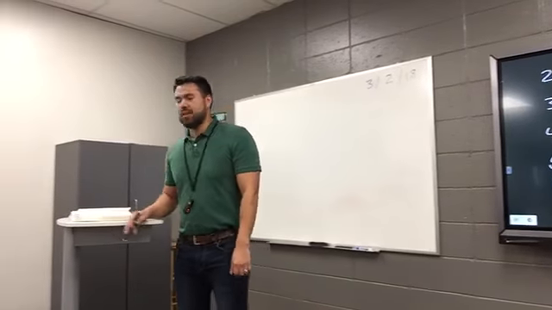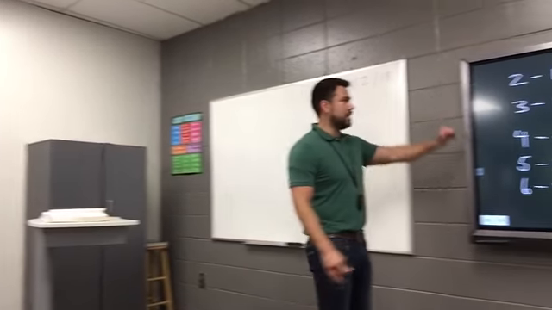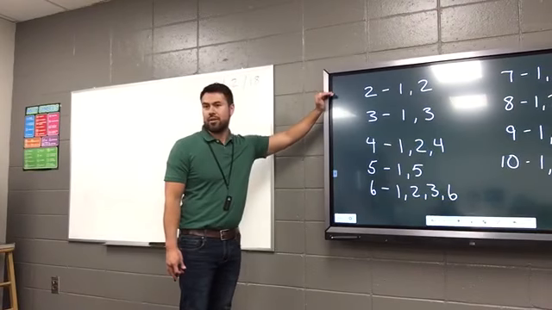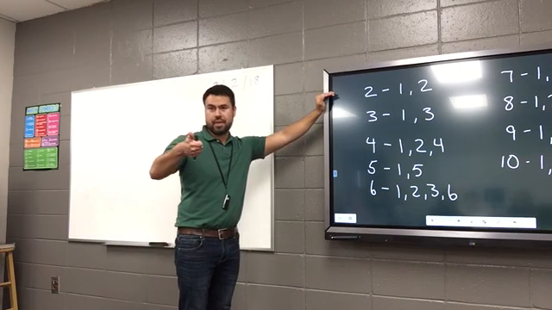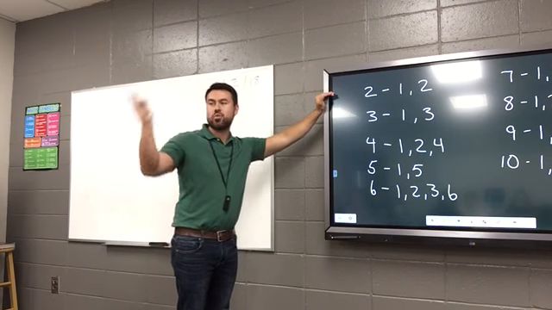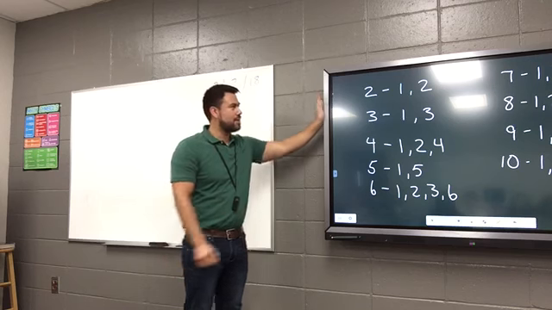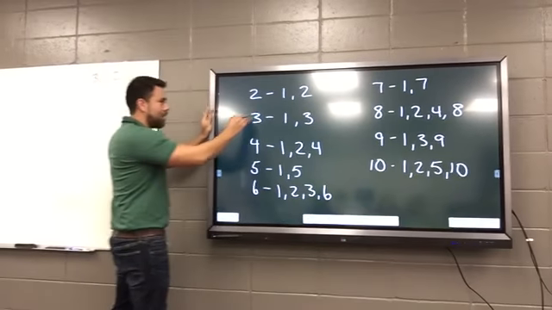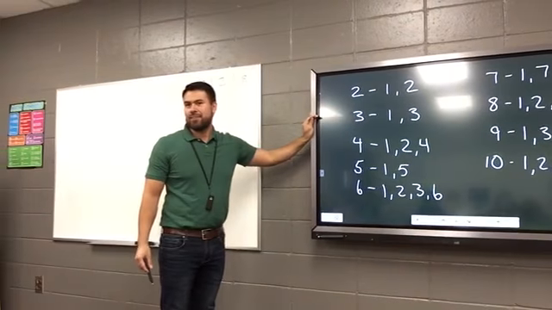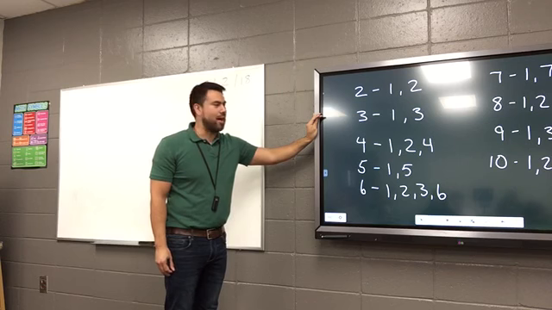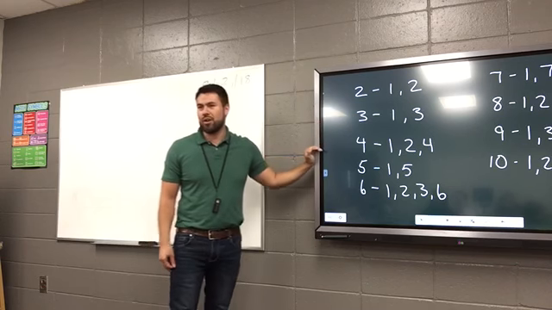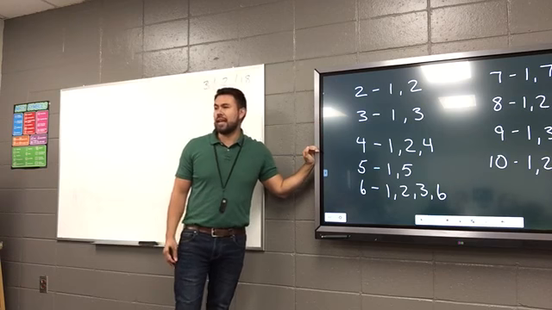Okay, let's look at prime and composite. Is 2 a prime number? Based on our definitions, is it a number greater than 1? Does it have only 2 factors, 1 and itself? Yep, this is prime. What about 3? Prime or composite? Prime. 4. Composite.